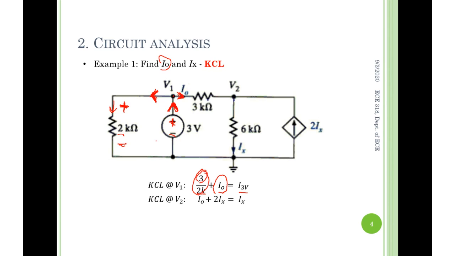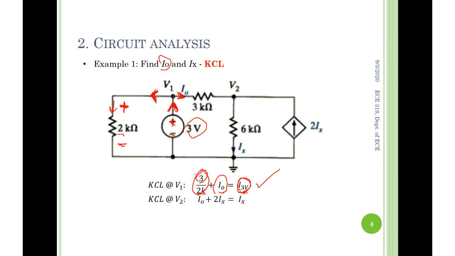When we see a branch with only one voltage source, maybe dependent, maybe independent, no matter what, we cannot know the current. You can only know the voltage value. You don't know the current. So you have to assume an extra unknown, I sub 3V. This is how we come up with the first KCL equation at V1.